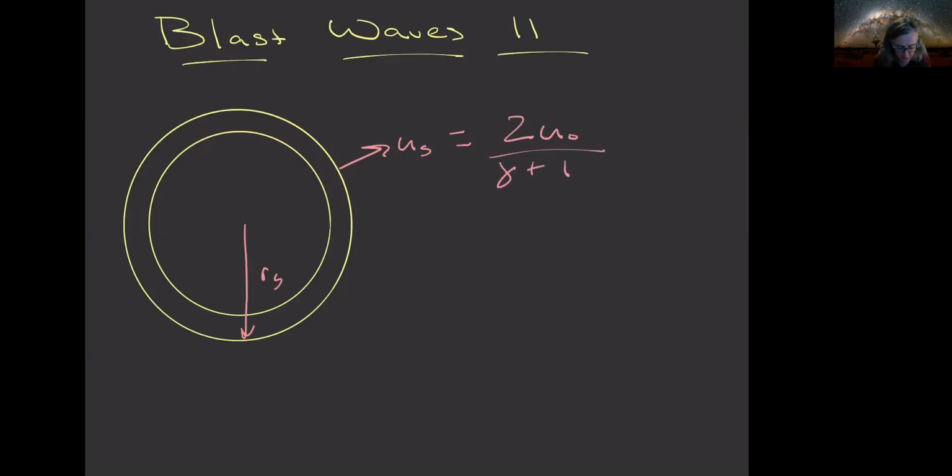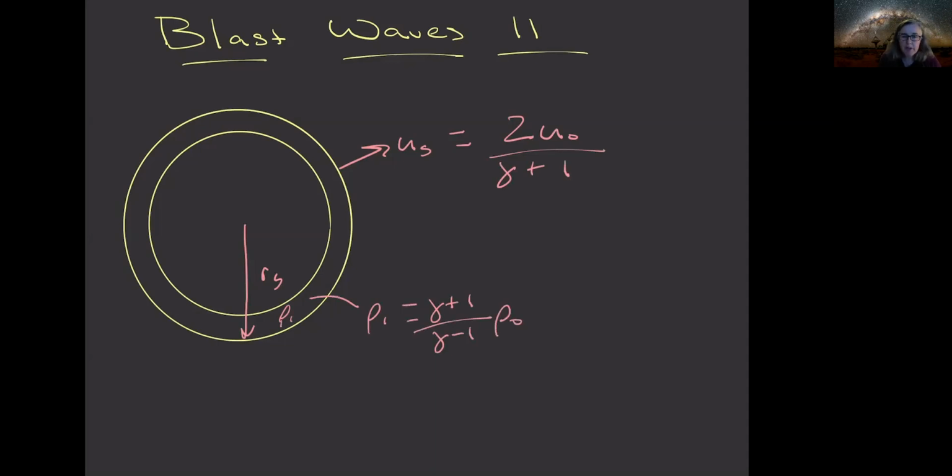And we also know that the density of the material inside, so rho 1, is equal to gamma plus 1 over gamma minus 1 rho 0.